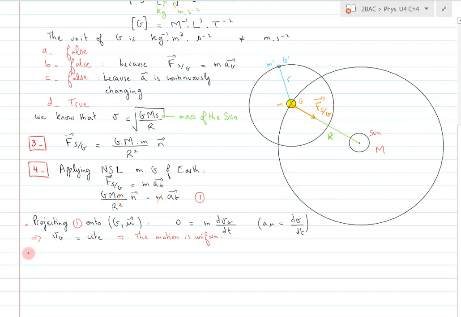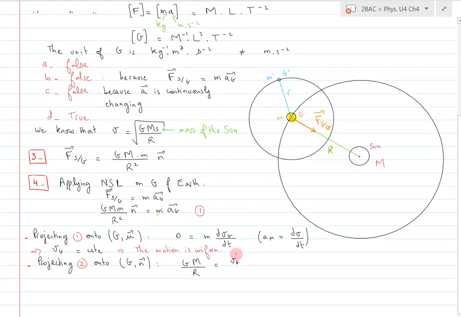Now, projecting equation 1 onto the axis Gn gives me G times M over r square, which is equal to Vg square over r. And we can simplify by r here.